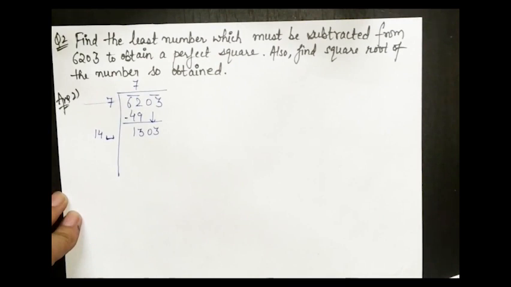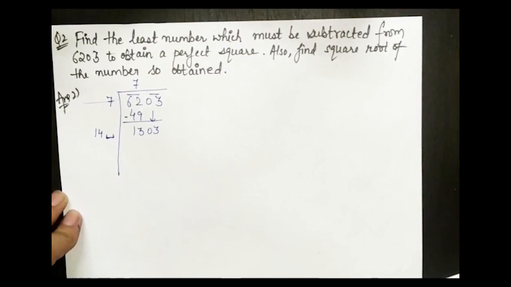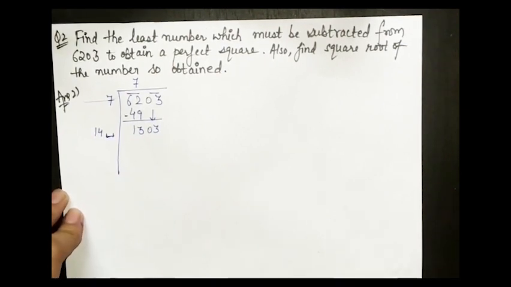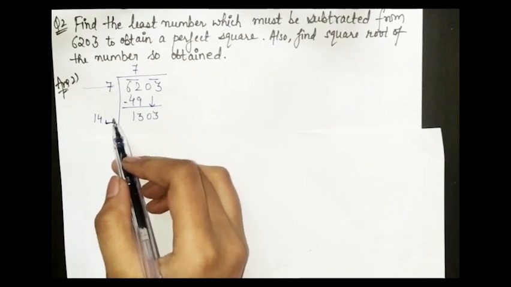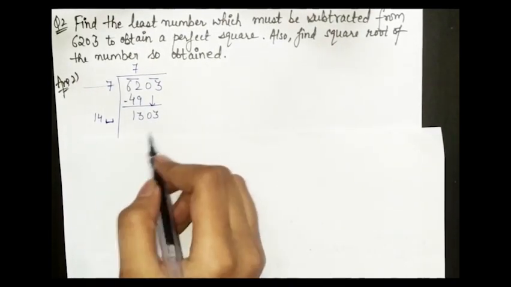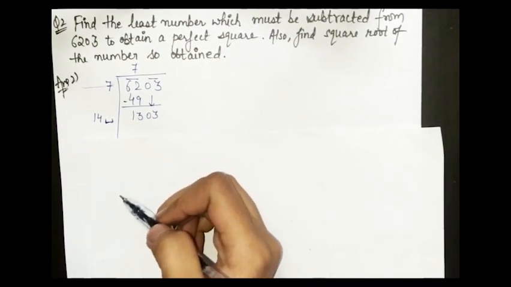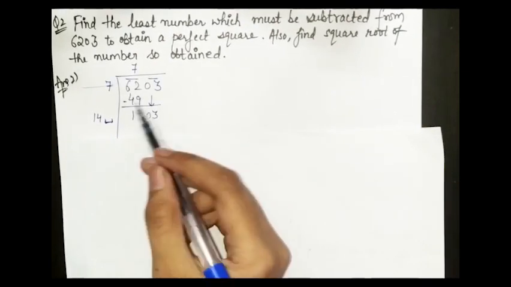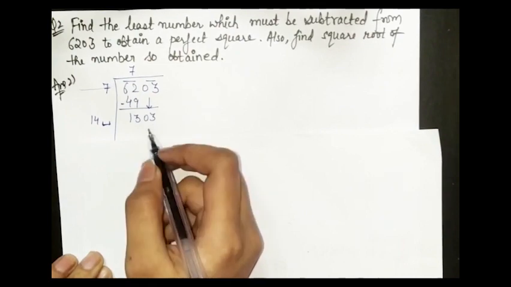Let me find some number so that this will be divisible or smaller than this. You all know that if I take 1 here, 141, that will be very small compared to this number. So I should take any number randomly and check whether it is divisible or not.